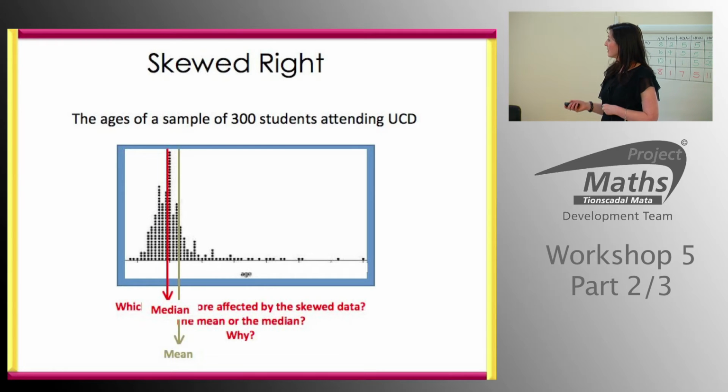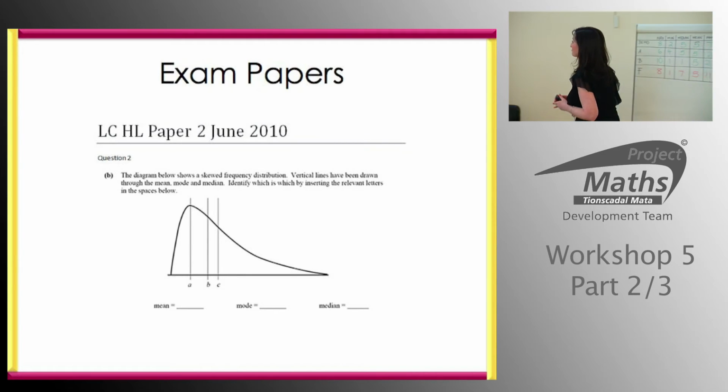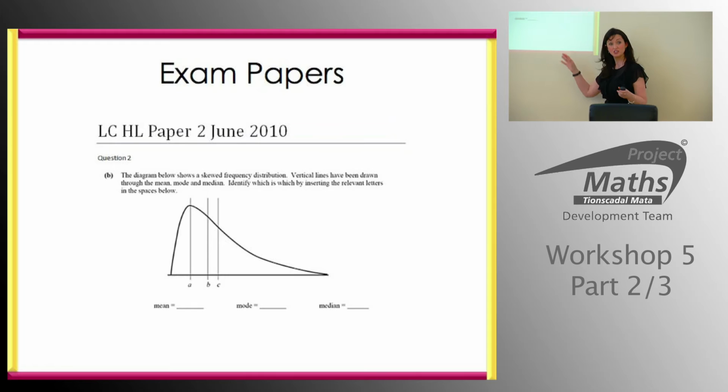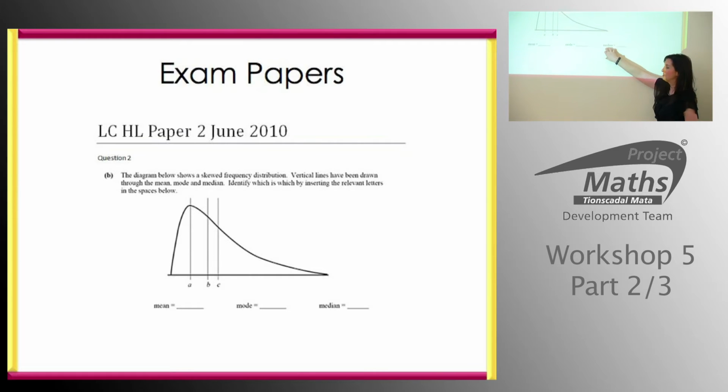So, not really meant to talk about exam papers, but we will anyway, just because I like this question, right? Very simple question, honours leaving cert question. Here we've got a distribution. We've been told we've A, B and C. One of them's the mean, one's the mode and one's the median.